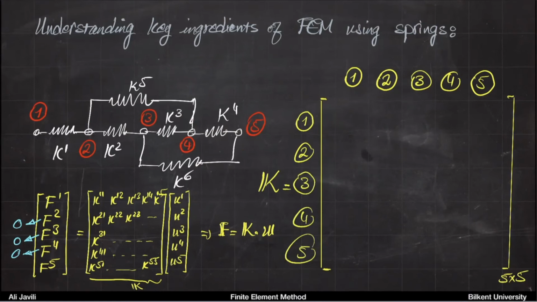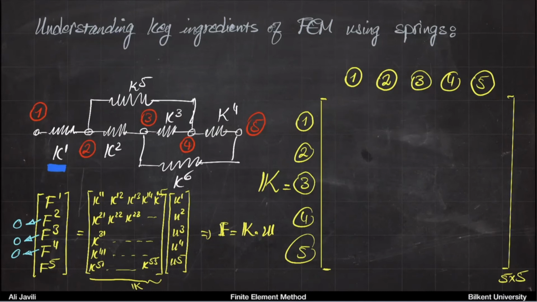Now, for element 1, and I'm going to use different colors again for different elements for clarity. So I'm using this blue for element 1. Okay, so this is everything that comes from element 1.